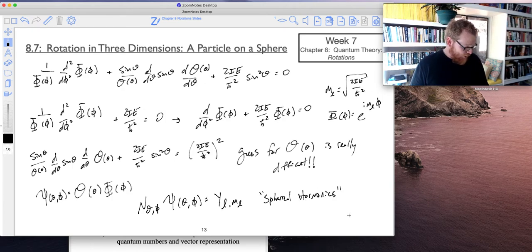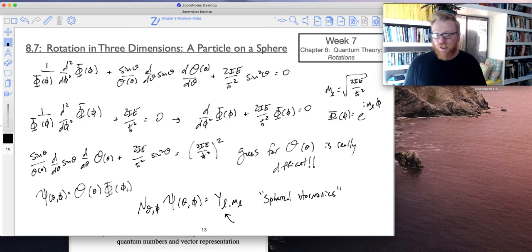And what's special about these spherical harmonics is we get a new quantum number L that arises from trying to solve this system of equations. So I'm not going to hold you responsible for continuing through this solution.